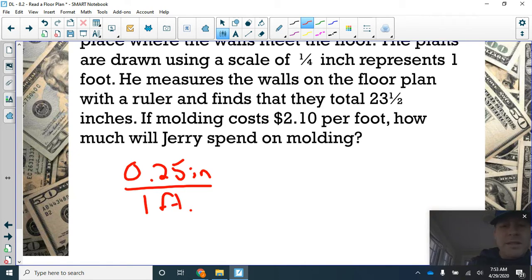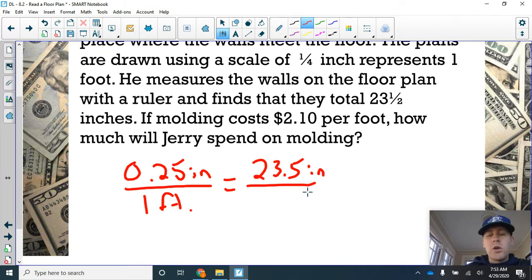Now we're going to set that equal to another fraction, set up the same way using the information that we know. We have 23.5 inches on the plan. Since that's our floor plan length, it has to go in the same position as the floor plan length went in our first fraction. That's the top part, 0.25 inches, so I put 23.5 inches up top in my second fraction.